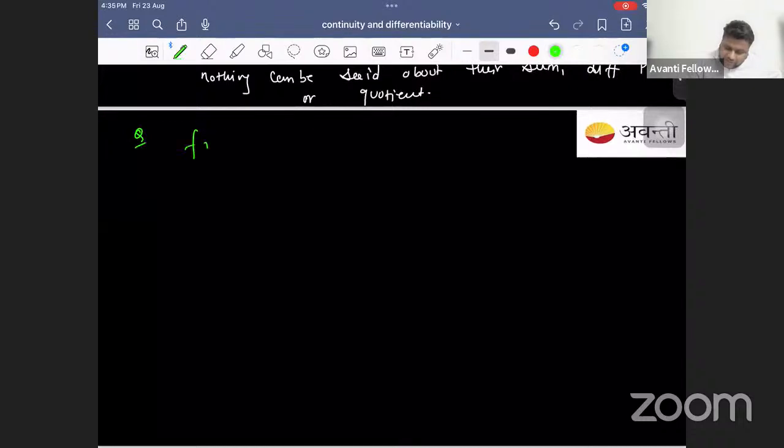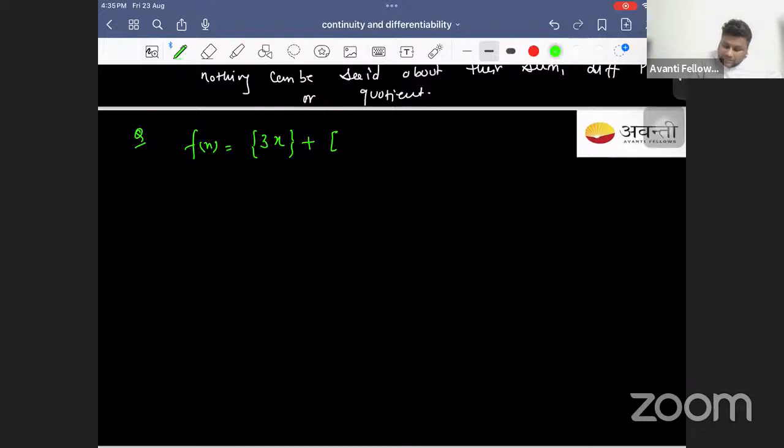Now let's do a question over it. Question is, a function f(x) is given as 3x fractional part of x plus greatest integer of 4x. Check for discontinuity in 0 to 2.